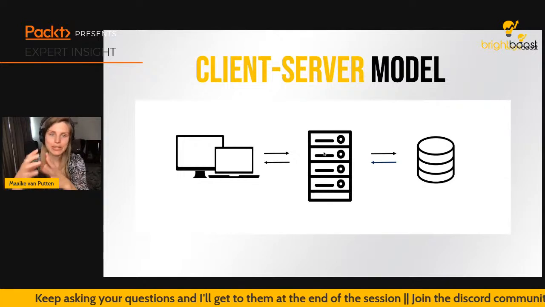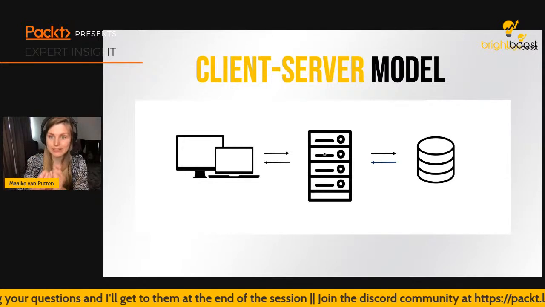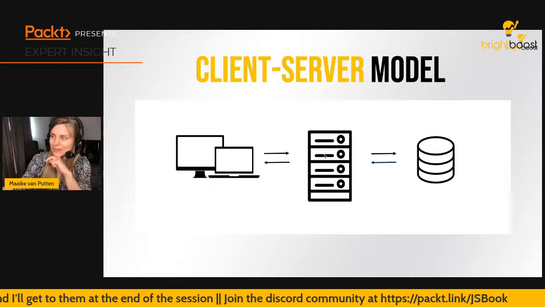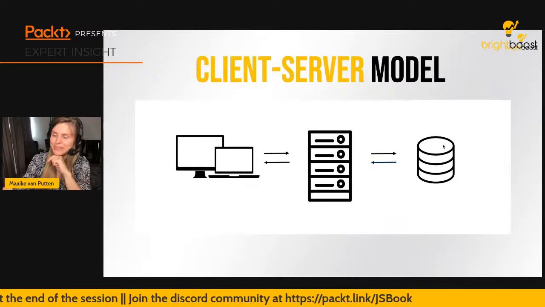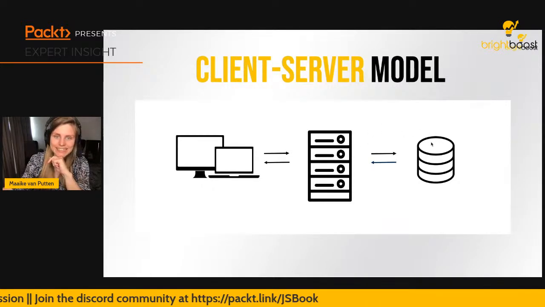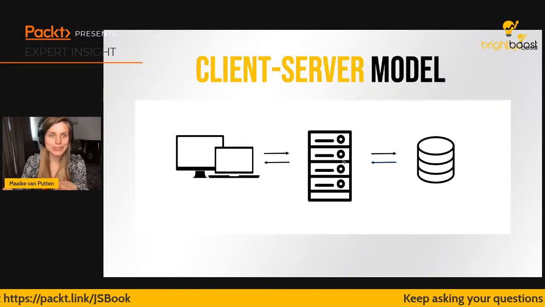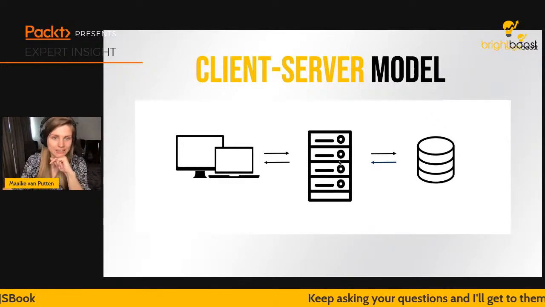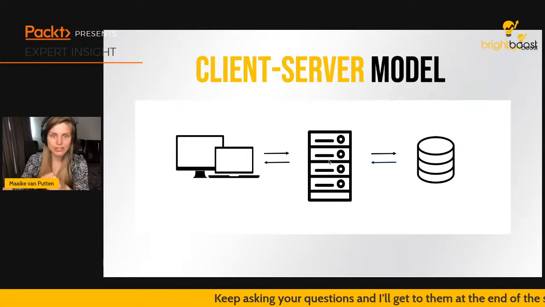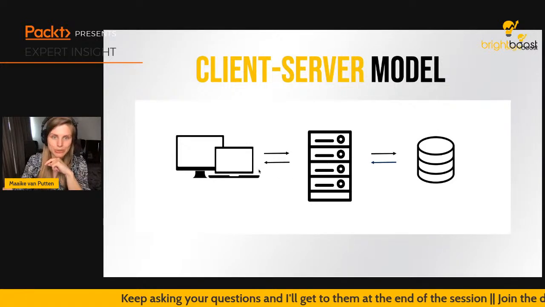Well, the server knows how to find this out, but it doesn't know it itself. So in order to find this out, it's actually going to be talking to the database. And this database does have the answer and it's going to give a response back. Either it knows or it doesn't know this person. And depending on the answer, the server is going to give a certain response back to the client.